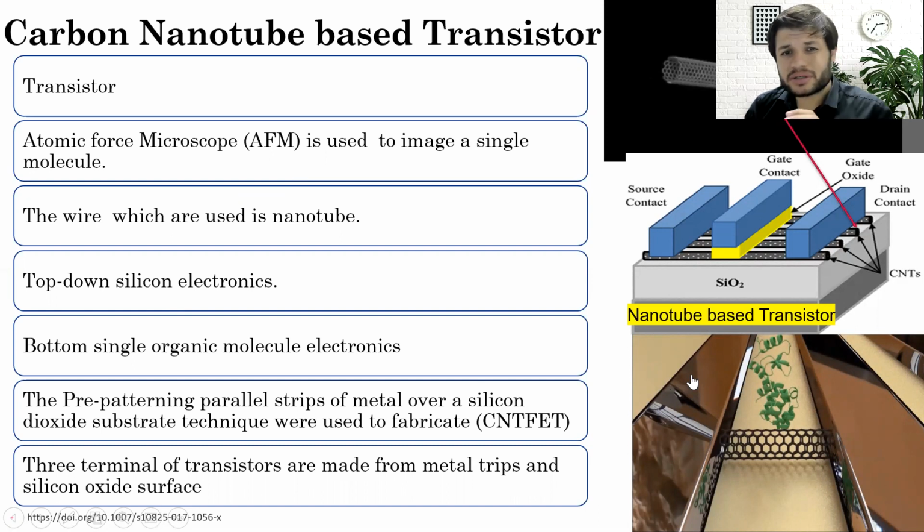The semiconducting CNTs are suspended between two metal strips. The source contact is made of metal tips, while the drain makes contact with the same metal tips, and the gate oxide sits on a silicon substrate. Then a simple field-effect transistor meets all the requirements.